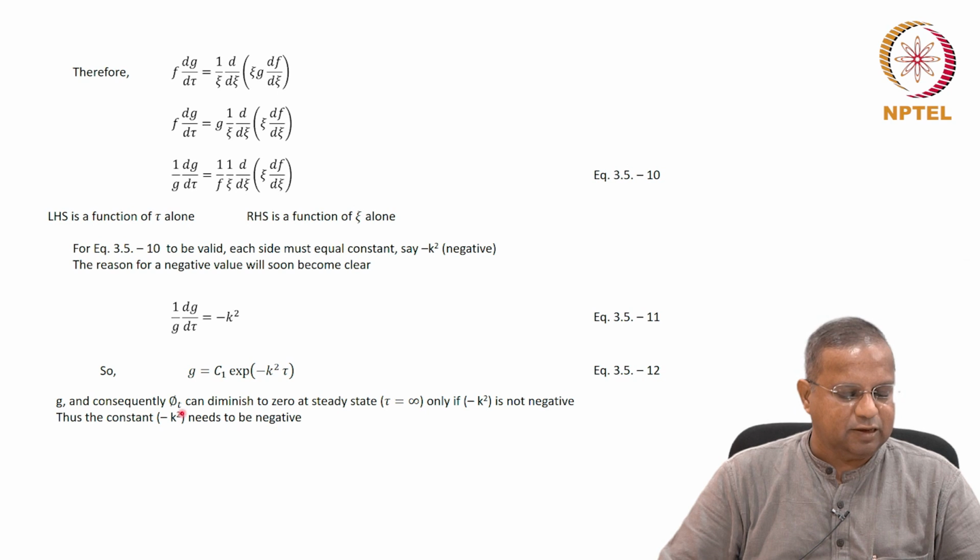Reading it again, g and consequently φ̃ can diminish to 0 at steady state only if minus k squared is non-positive. Thus, the constant minus k squared needs to be negative, and this form, minus of a positive number, a square, will ensure that it is always negative.